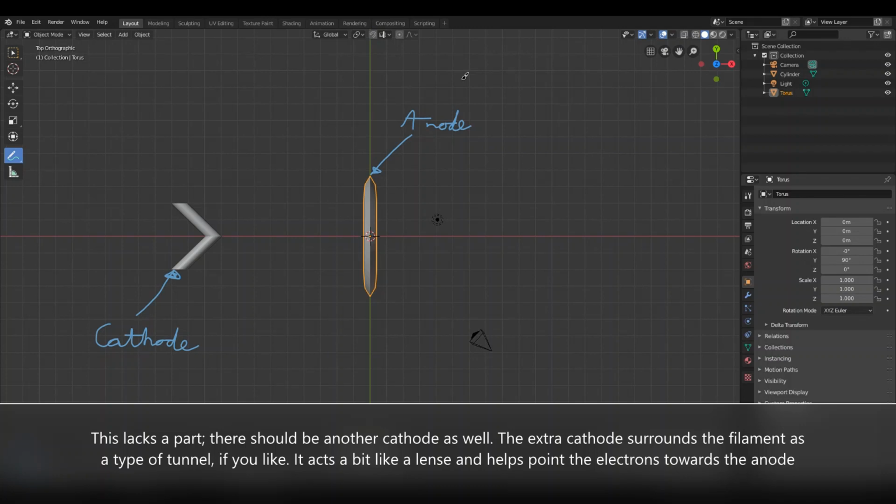So what happens between these two? So this is very negative. This here is quite positive.